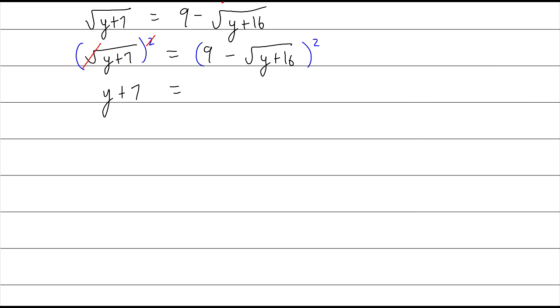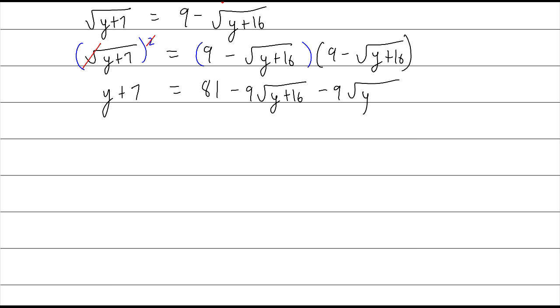Okay, remember how this works. I'm going to rewrite this as 9 minus the square root of y plus 16 times itself. 9 times 9 is 81. 9 times negative square root of y plus 16 is negative 9 square root of y plus 16. Negative square root of y plus 16 times 9 is negative 9 square root of y plus 16.